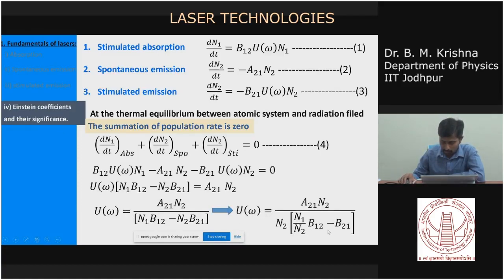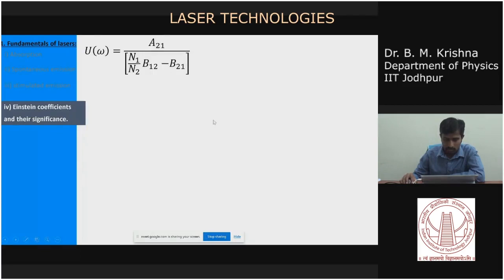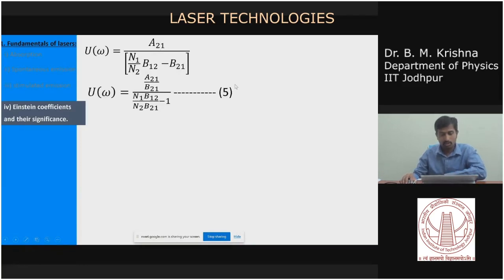From this I take N2 common, so this N2 gets cancelled. So U of omega equals A21 divided by (N1 by N2 B12 minus B21). And again I take B21 common and send it to the numerator.